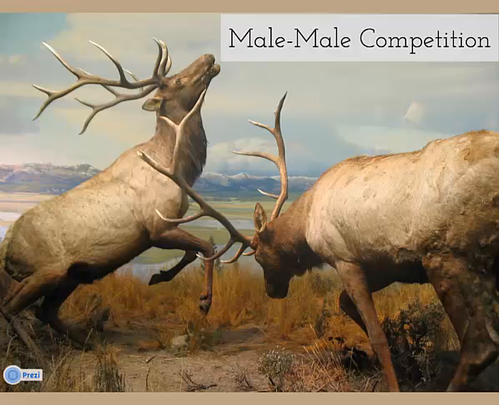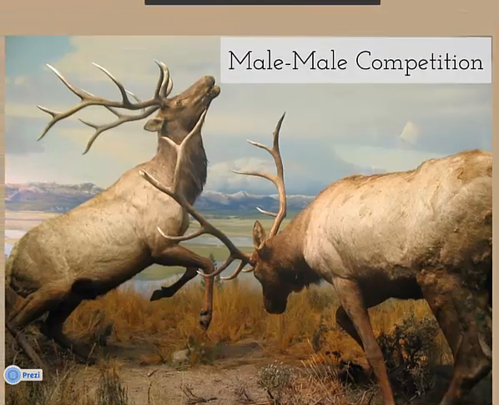So male-male competition serves survival by forcing a situation where only the most successful males are able to breed with females, giving them the best genes to pass on to their offspring.